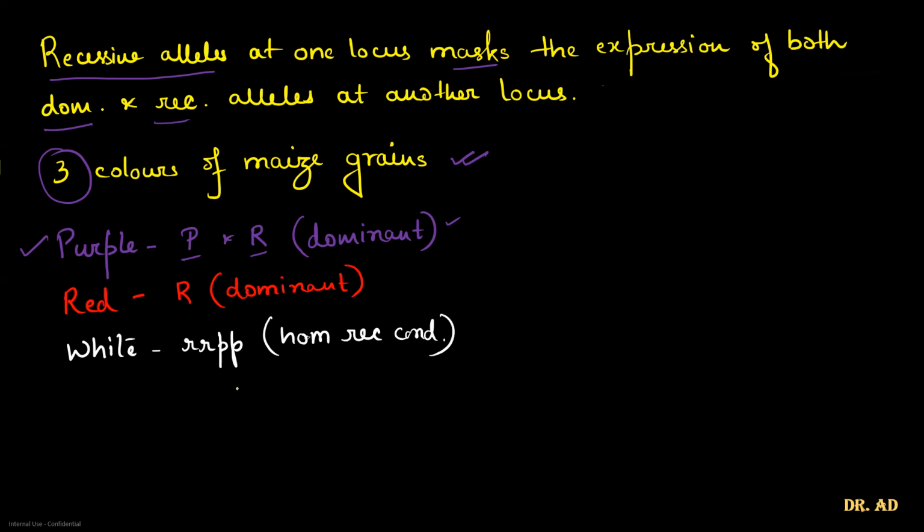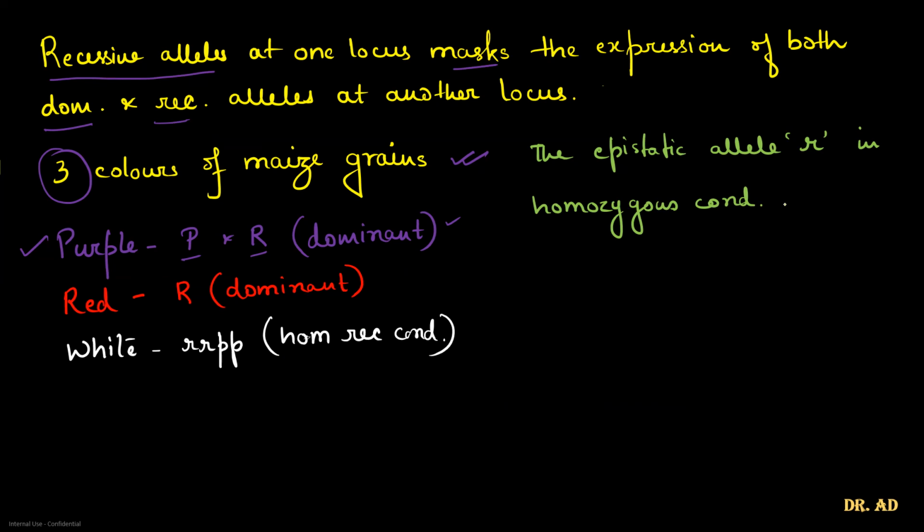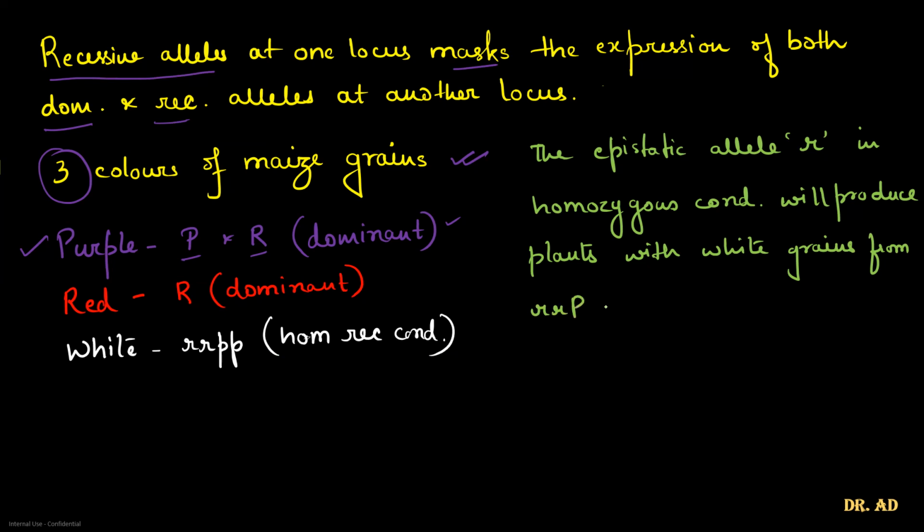The epistatic allele, carefully see what I do. The epistatic allele in homozygous condition will produce plants with white grains from these genotypes.